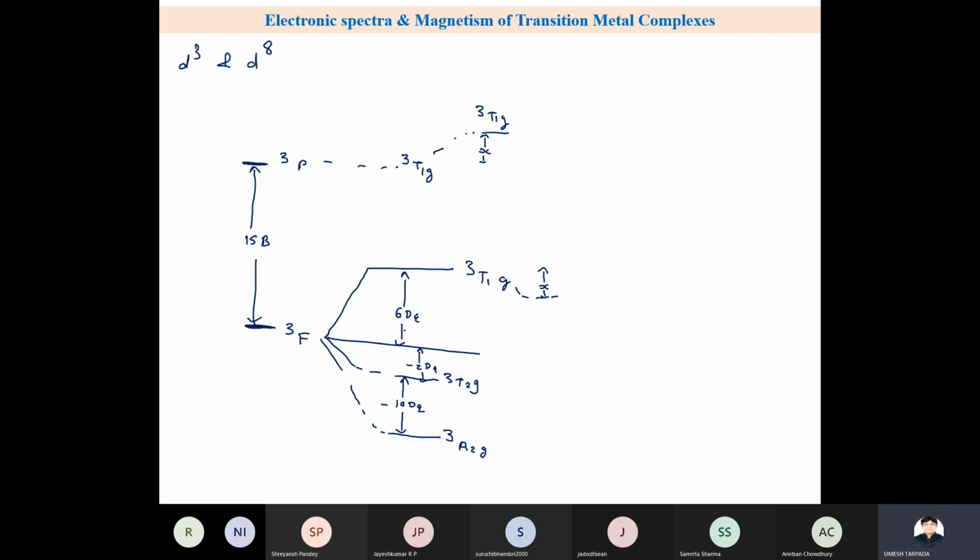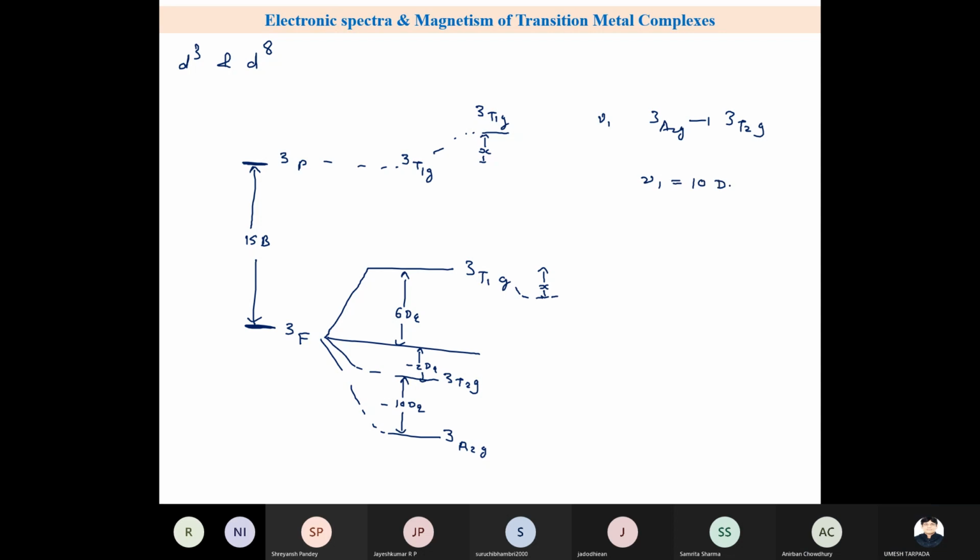So you tell me first one, what is nu1? Nu1 is equal to how many Dq? Nu1 is your transition from triplet A2G to T2G. So nu1 is 10 Dq, only 10 Dq.